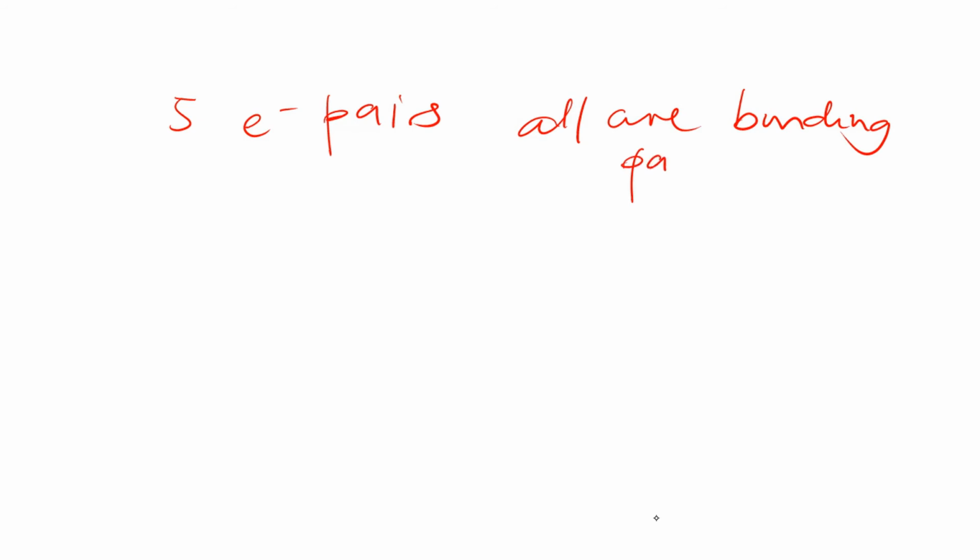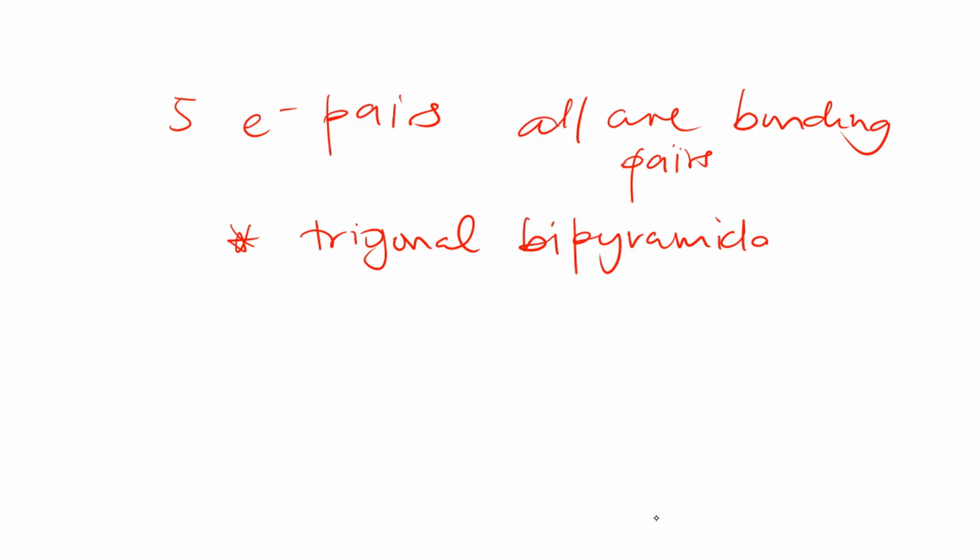You have to commit to memory that in this case the shape would be trigonal bipyramidal, and the bond angles would be 120 degrees and 90 degrees.